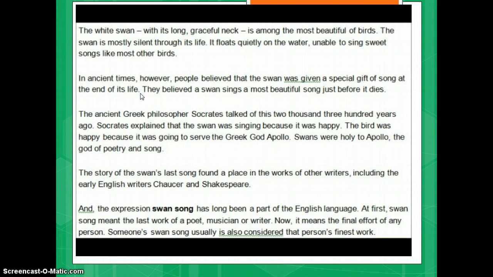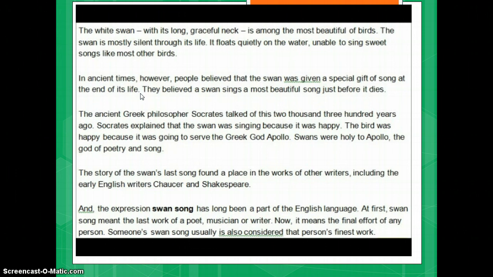Swans were holy to Apollo, the god of poetry and song. The story of the swan's last song found a place in the works of other writers, including the early English writers Chaucer and Shakespeare. And the expression swan song has long been a part of the English language.